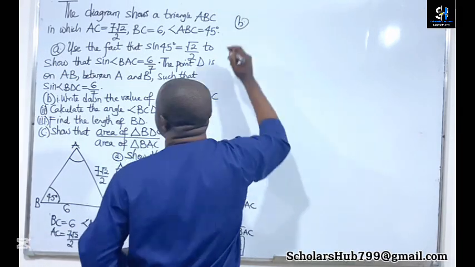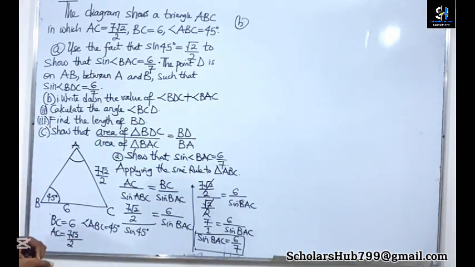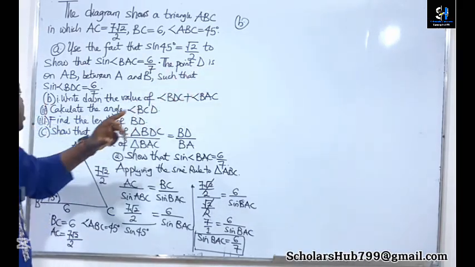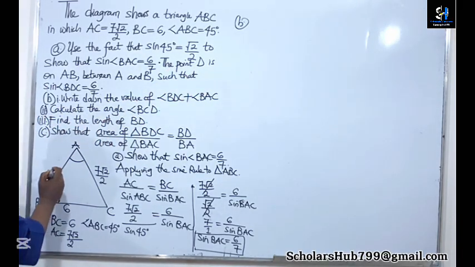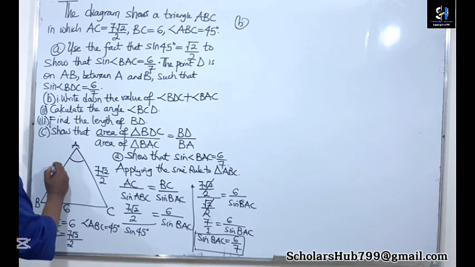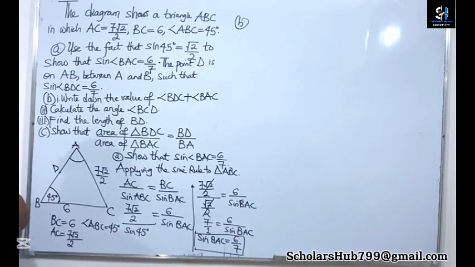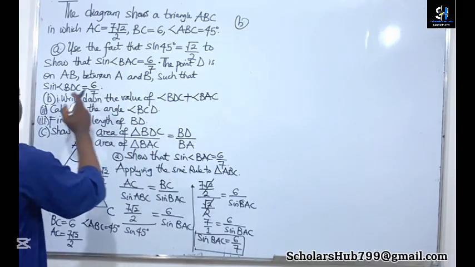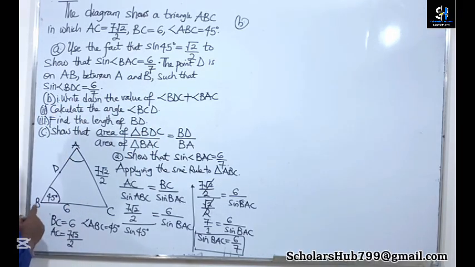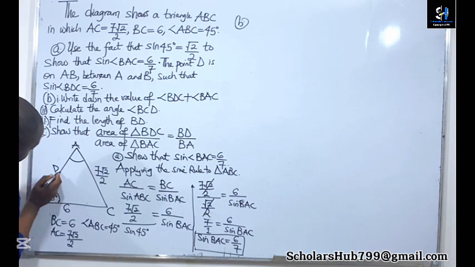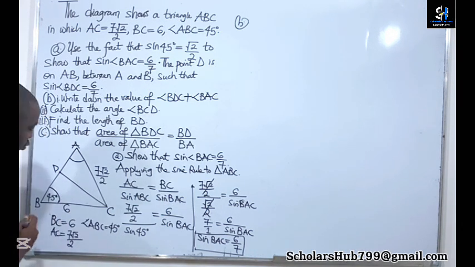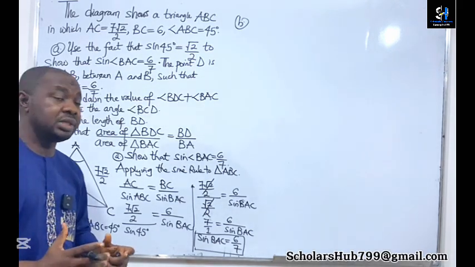All right, so the second question. We have that the point D is on AB, that is, D is a point on side AB, between A and B. If I produce a line from D to C, the angle between lines BD and DC is what we call angle BDC.